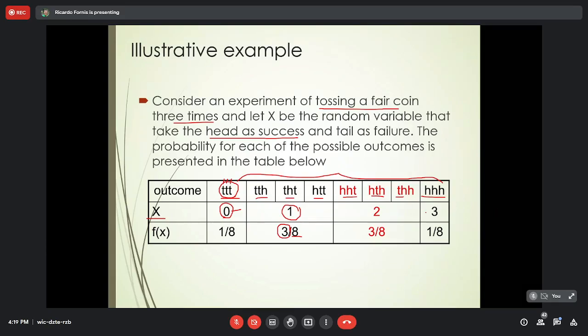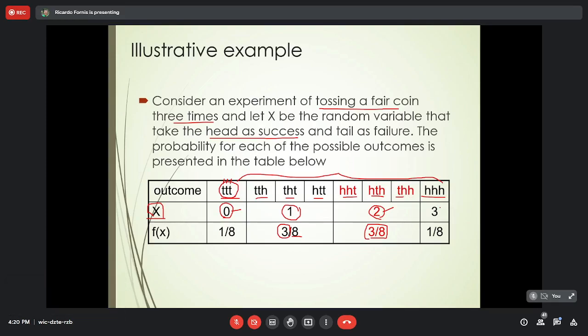The probability of obtaining 2 heads, where heads again is considered success, so the number of successes 2, meaning 2 heads, is also 3/8. Okay, head, head, tail, then head, tail, head.